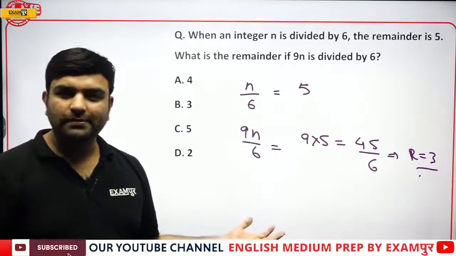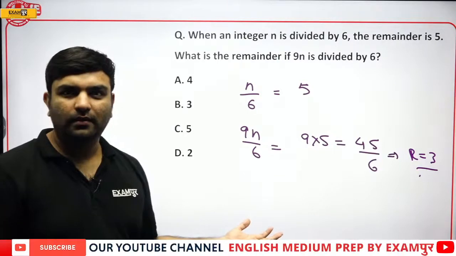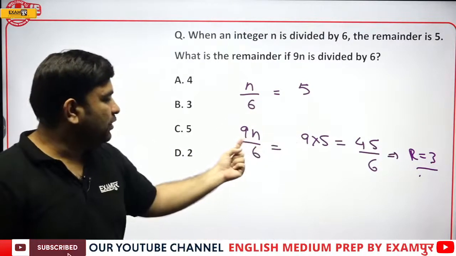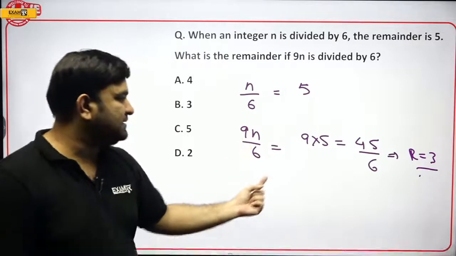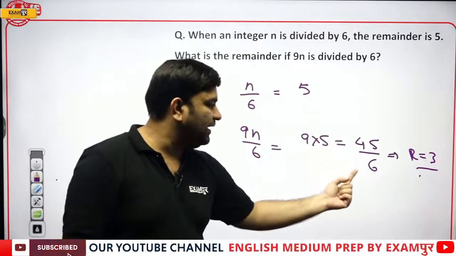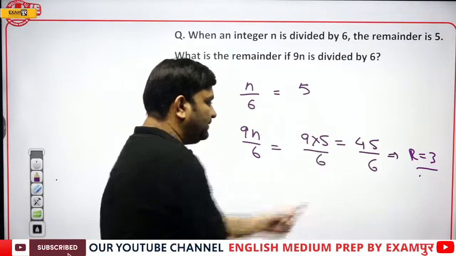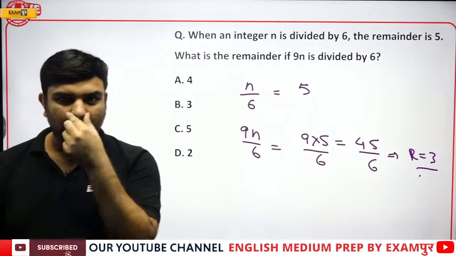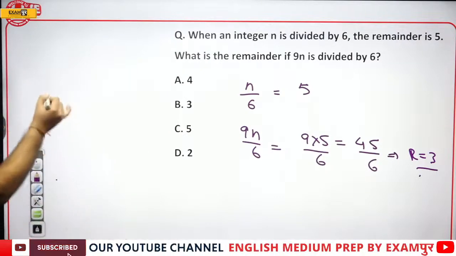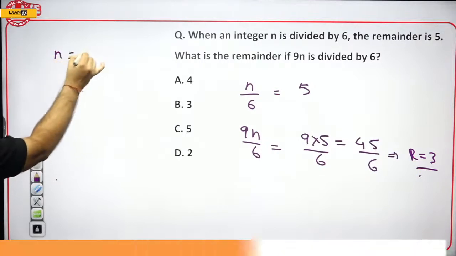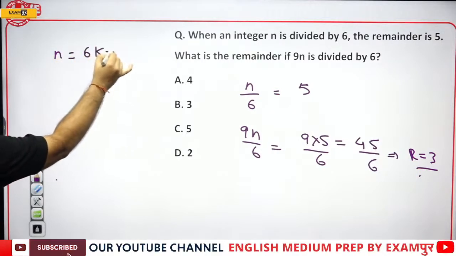One way: if you divide n by 6, remainder is 5, then on dividing 9n by 6, it's 9 into 5, 45. 45 when further divided by 6, remainder is 3. Another way: n divided by 6, remainder is 5.